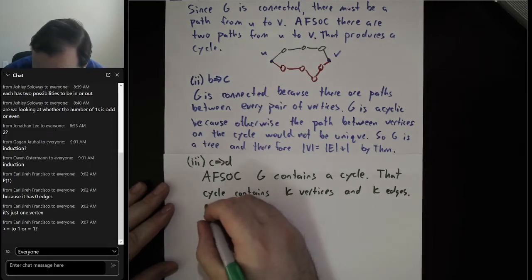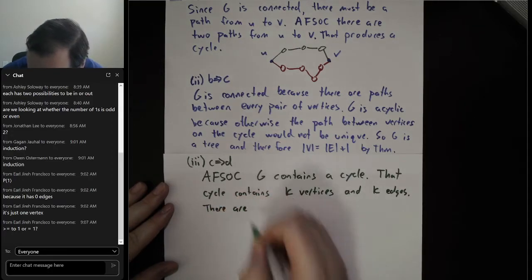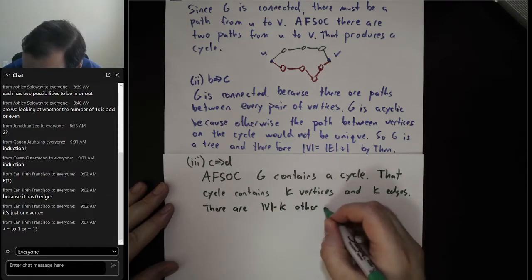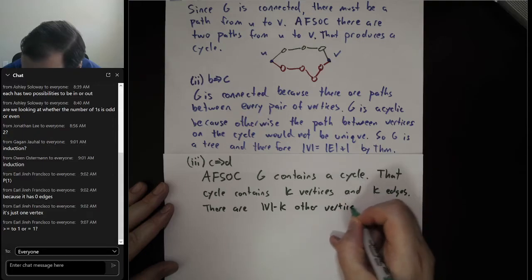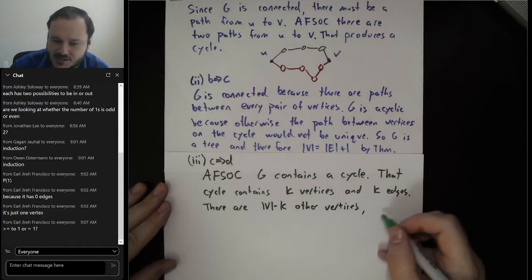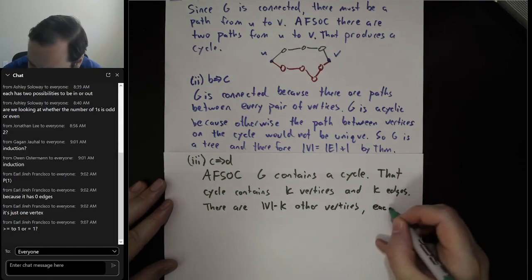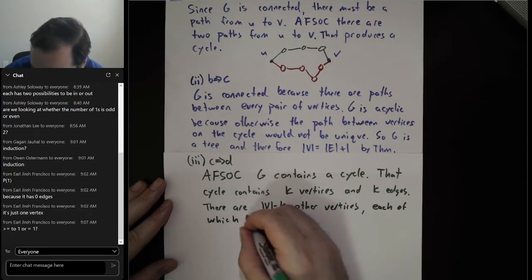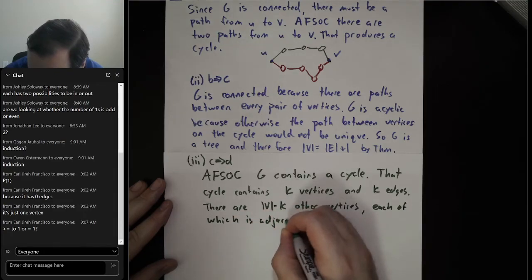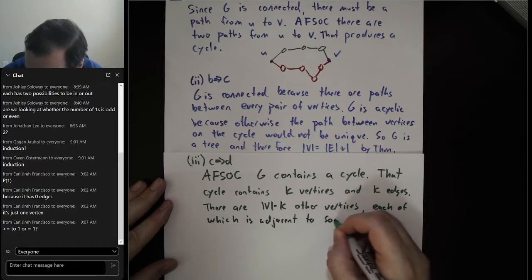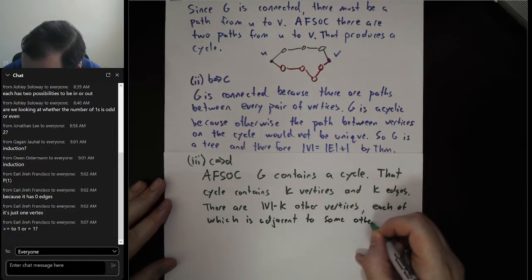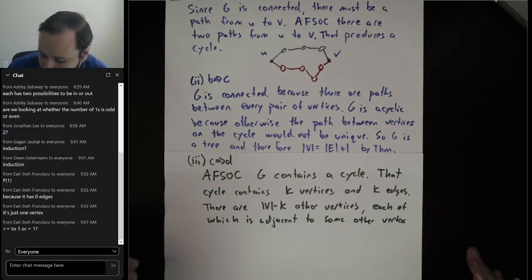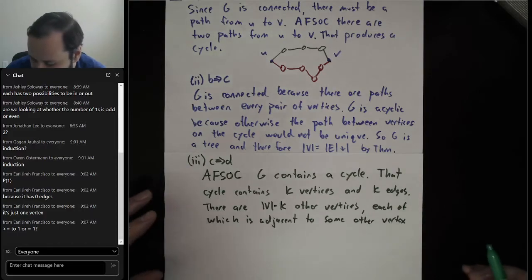That means there are size of V minus k other vertices, each of which is adjacent to some other vertex, eventually connecting back to the cycle.